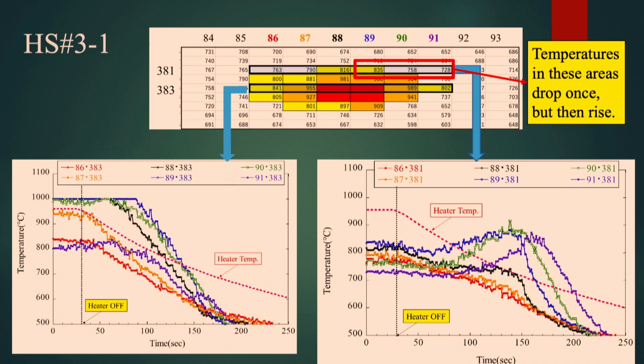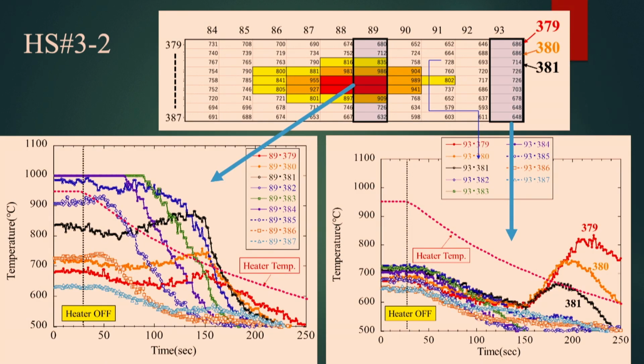And also, we analyzed this line, plotted along the vertical axis. And these 2 are very hot spots above 1,000 degrees centigrade. If we look along this vertical line, we can see that in the steady state heat release period, a very large temperature gradient exists, about 400 degrees here.